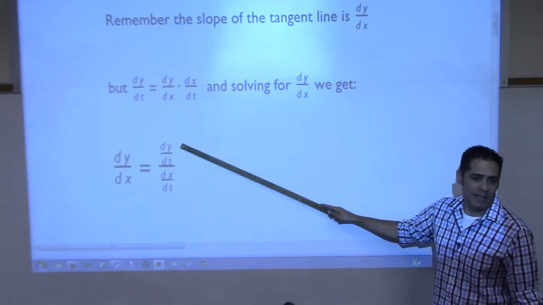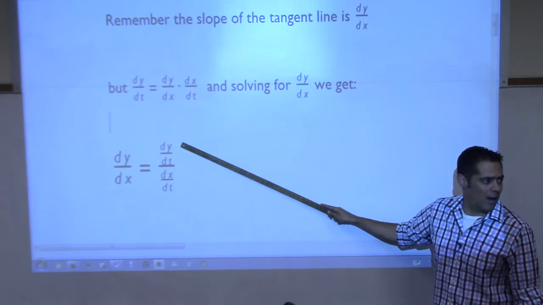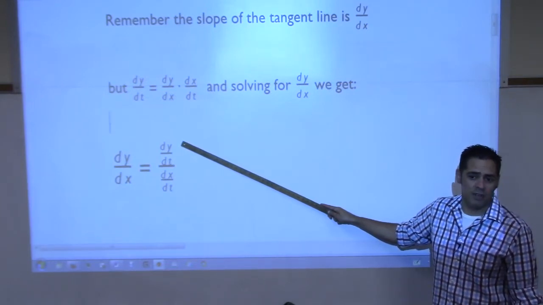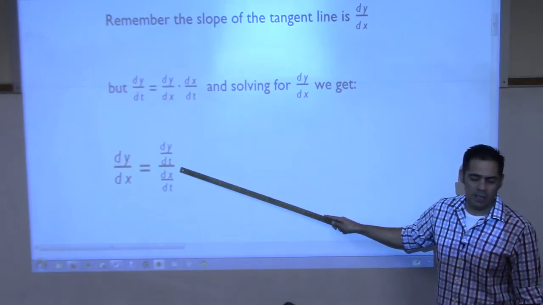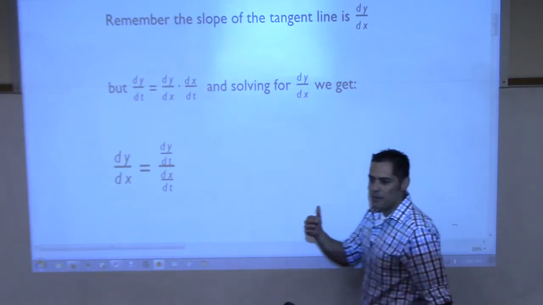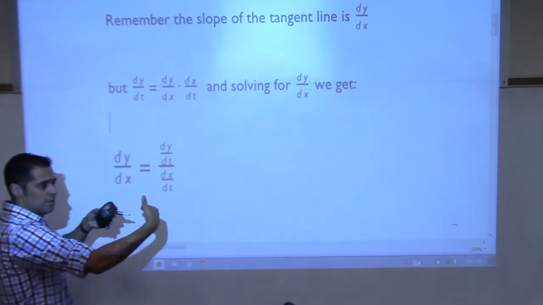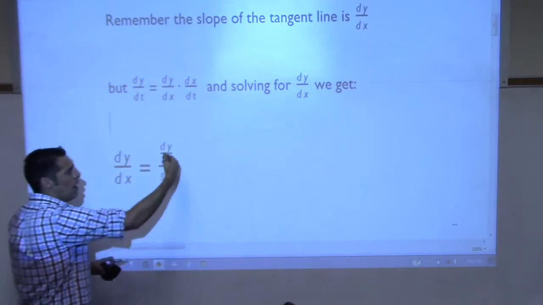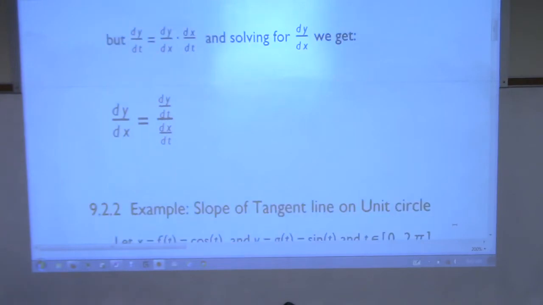If we're in parametric form, isn't y some function of t, like g of t, and isn't x some function of t, f of t? So all we're going to do at the end of the day is take the derivative of each of the independent parametric equations with respect to t, take the y one and divide it by the x one. That's going to be the slope of the tangent line.